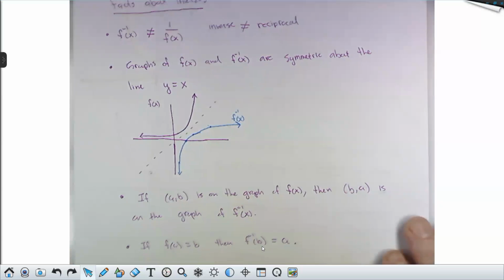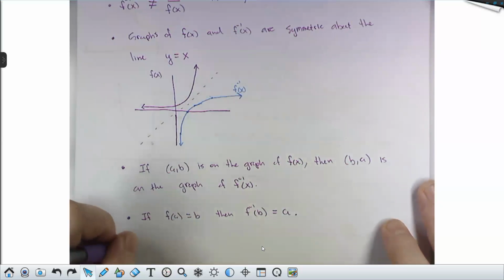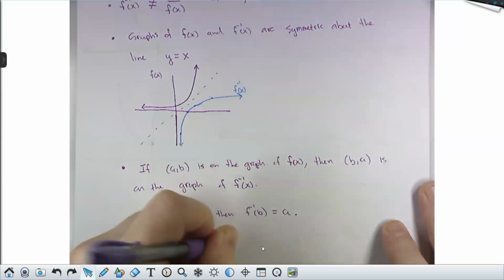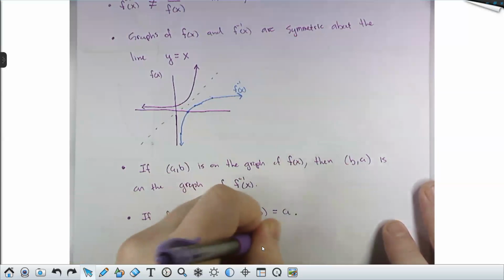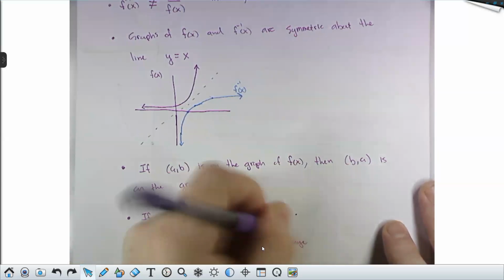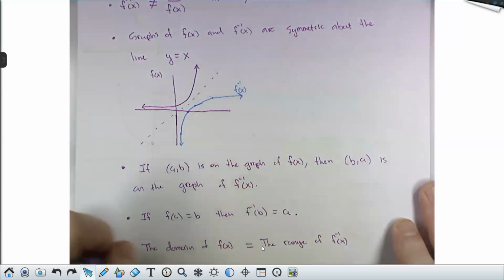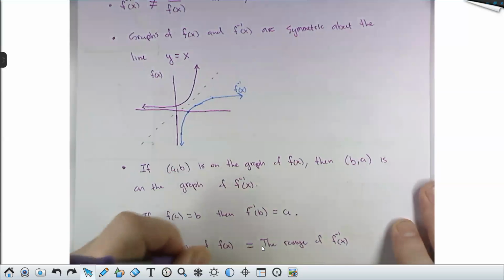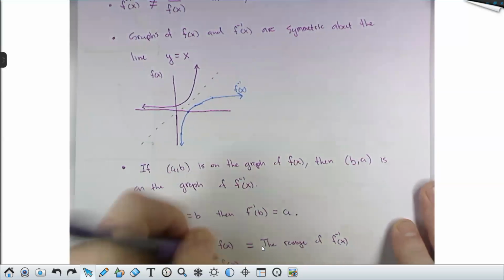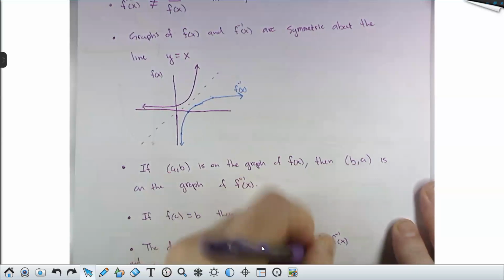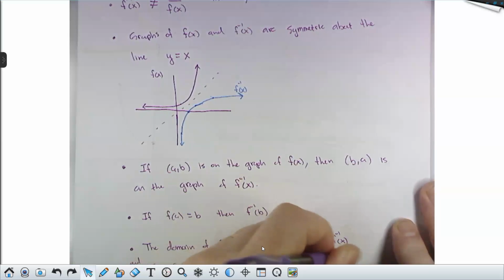And one consequence of this, and this is the last thing I'll say here, is that the domain of f is equal to the range of f inverse and the range of f is equal to the domain of f inverse.